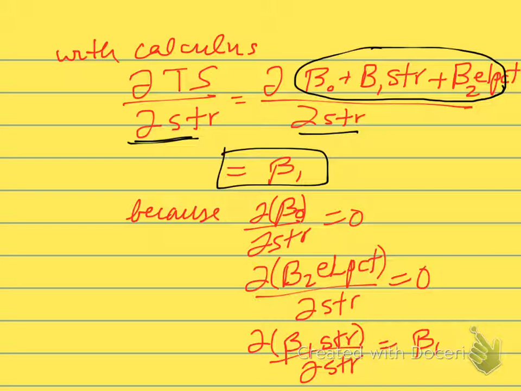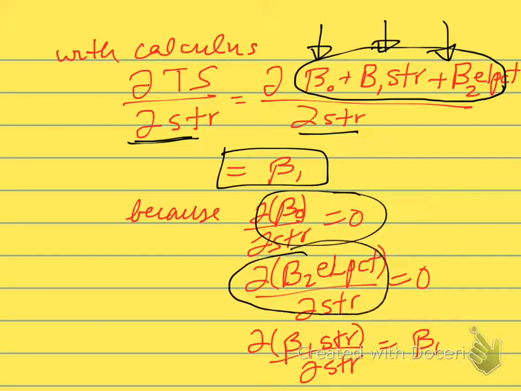If we take the partial derivative, then we notice this has three terms, 1, 2, 3. And so the partial derivative of the sum is equal to the sum of the partial derivatives, but beta 0 doesn't vary with the student-teacher ratio, so that's equal to 0. Beta 2 times the English language percent we're assuming doesn't vary.